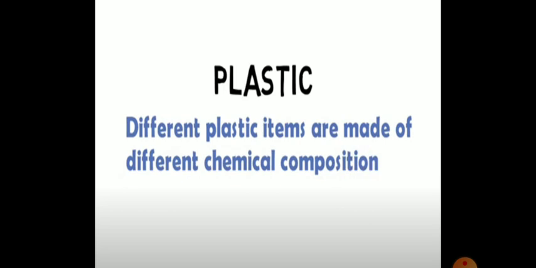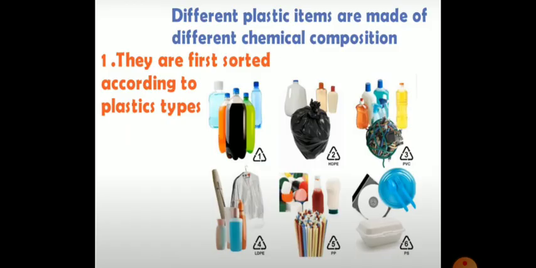So now we will see the steps of how we can recycle plastic. Plastic items are made up of different chemical compositions and they are first sorted according to plastic types. We have often seen items made up of hard plastic, items made up of very thin plastic, first quality plastic and recycled plastic.